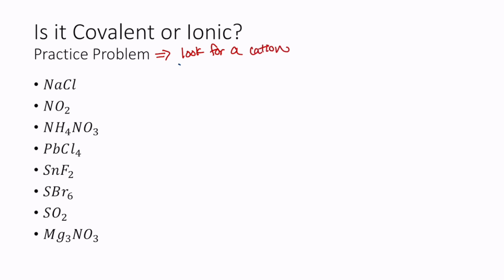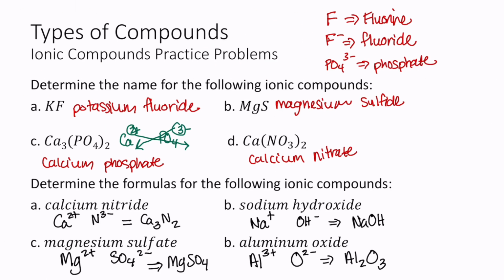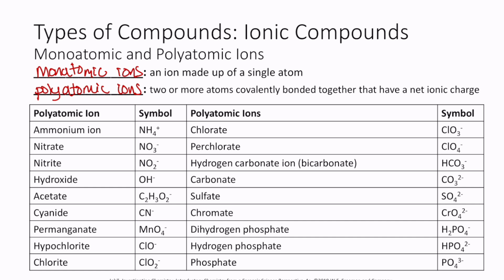Now, for this class, that is either going to be a metal or the polyatomic ion NH4 plus. If you go over to our table, you'll notice that most of the polyatomic ions are negatively charged. And then we have ammonium. Ammonium is a positively charged polyatomic ion. So if you were to name something with ammonium in it, you would just use the word ammonium and drop the word ion.